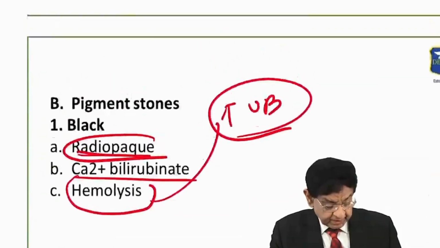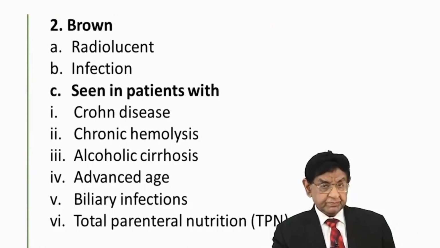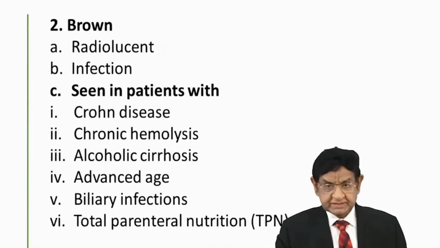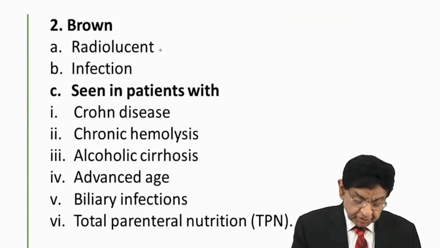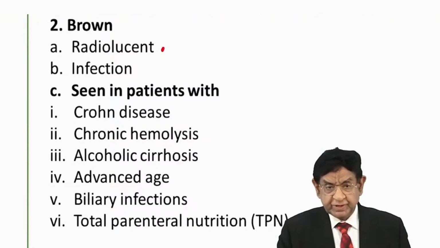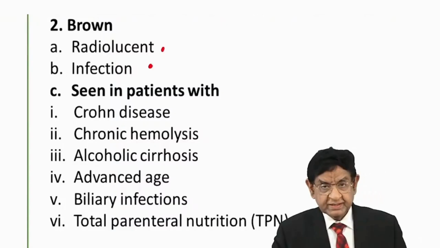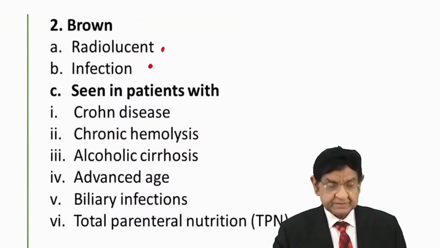Okay. Second, the pigment stone is brown in color. Black was hemolysis. Brown stones are radiolucent, and they are primarily formed due to infection. So they don't have much calcium, and that's why they are radiolucent.